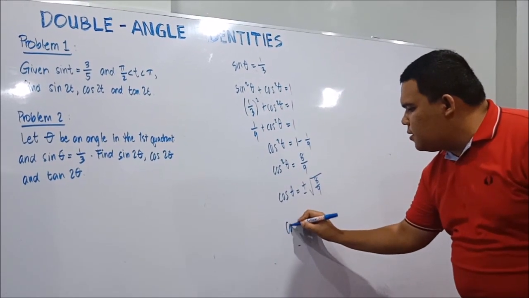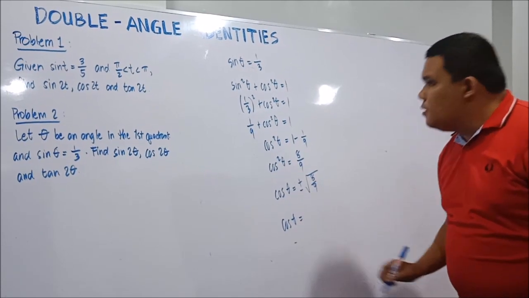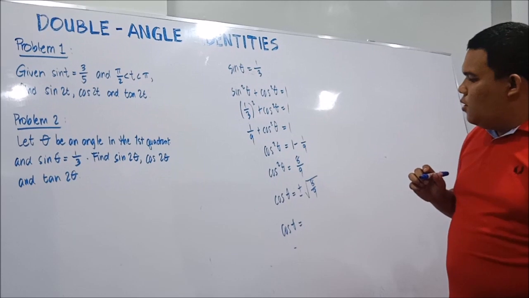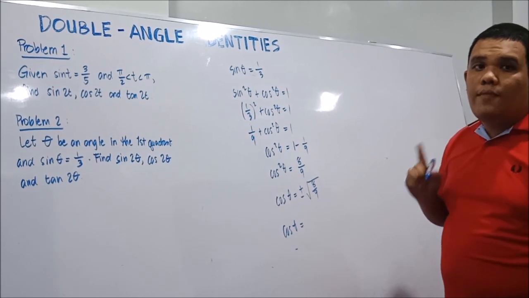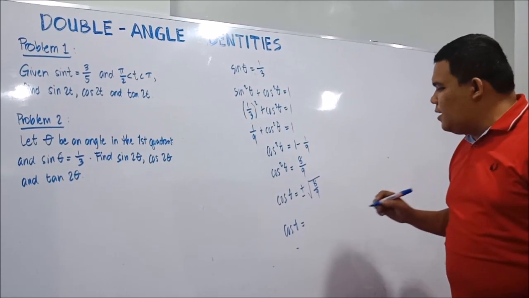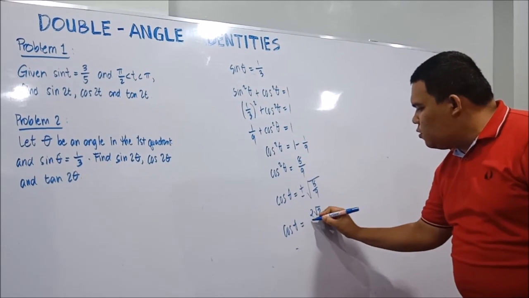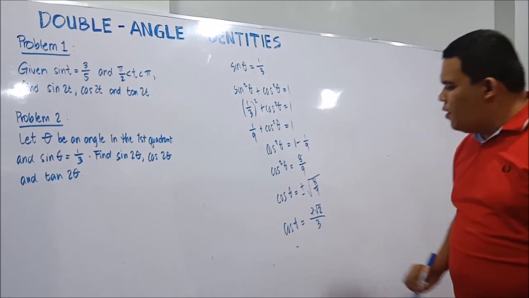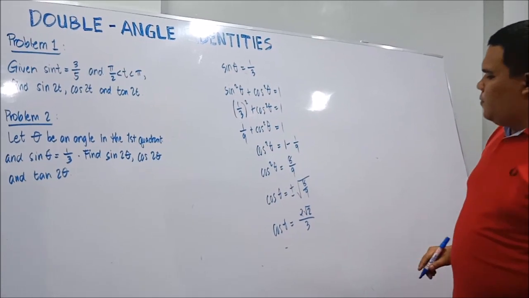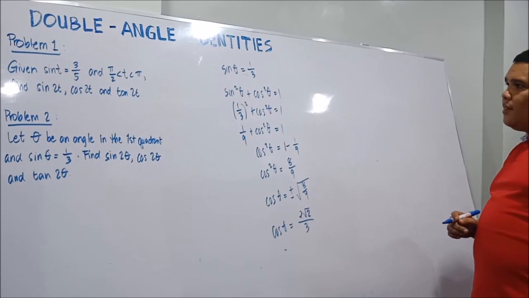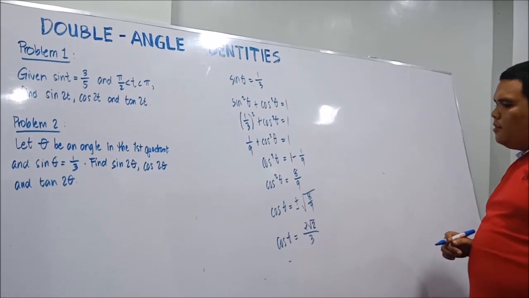Since our theta is in the first quadrant, we have the positive value of our cosine. So we have 2 square root of 2/3. This is positive. So again, we have the values for our sine theta and cosine theta.